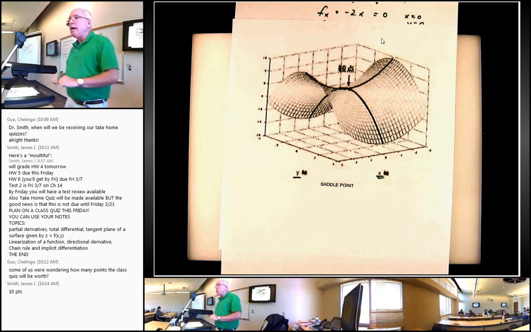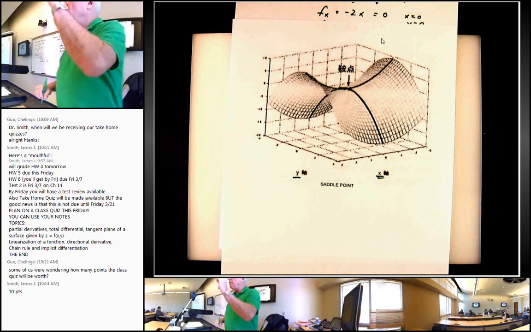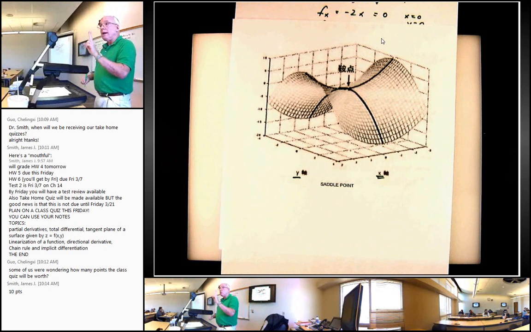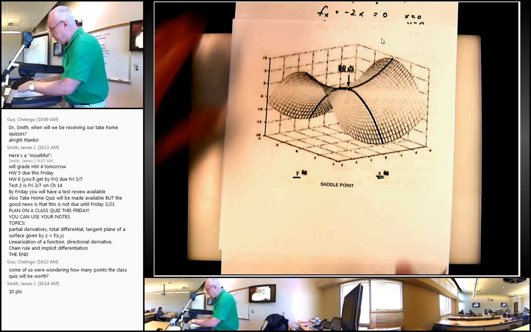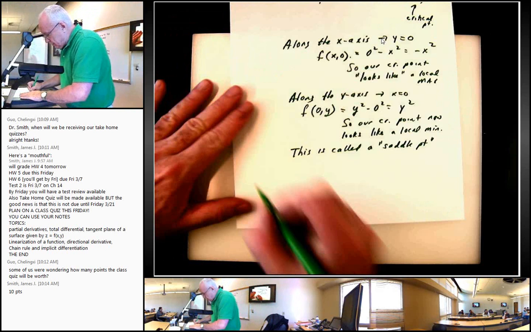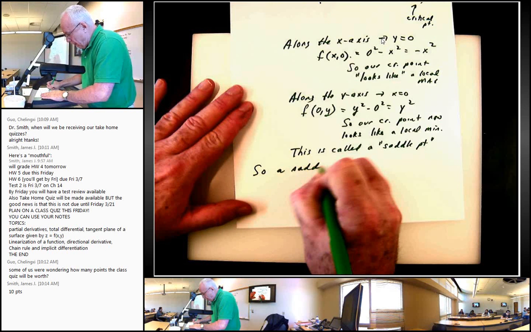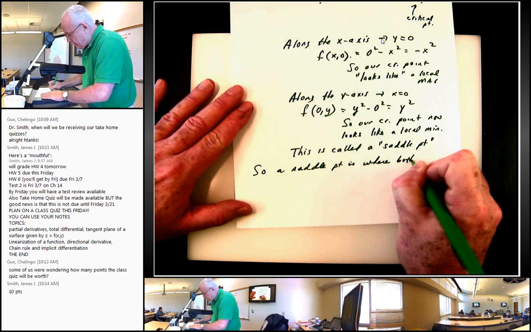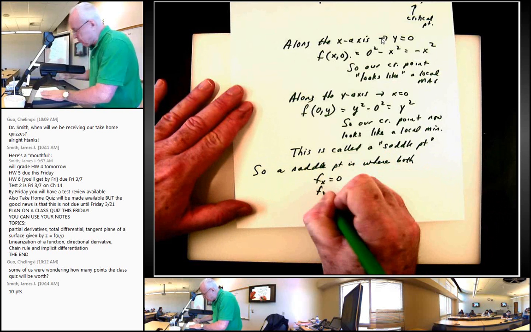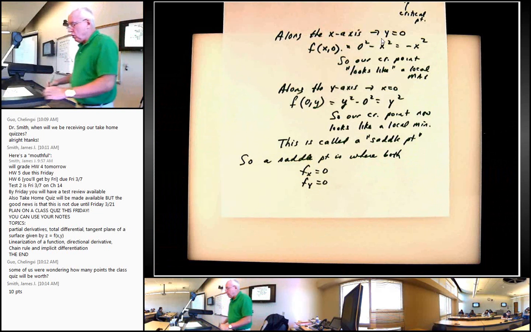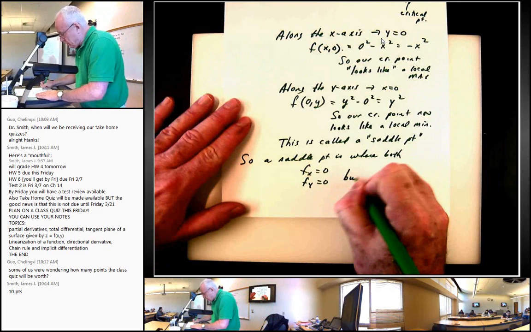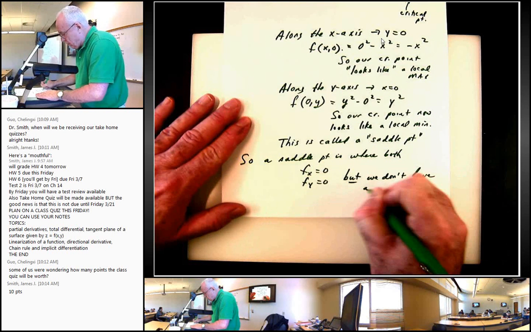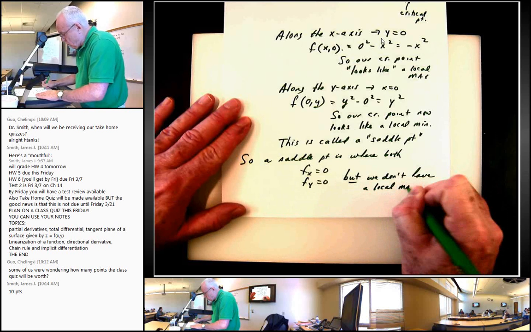So a saddle point is where both fx equals 0 and fy equals 0, but we don't have a local max or min.